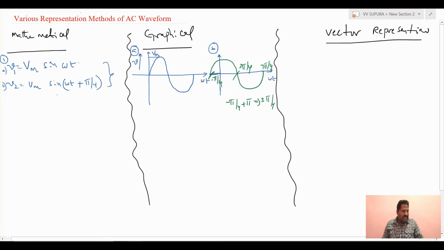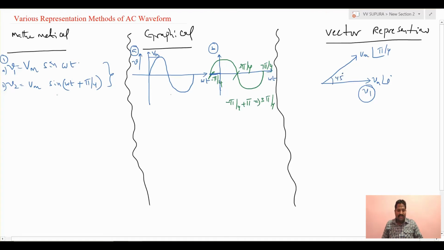If I want to represent it as a vector rotation, V1 is Vm at an angle 0. For V2, with omega t plus pi by 4, it is Vm at an angle pi by 4, which is 45 degrees.